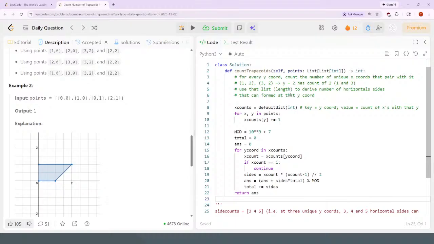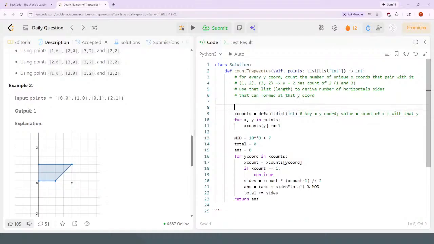It should be pretty darn fast to do a default dictionary, right? Is it faster than sorting it? Alright, I'm going to try sorting it to see if that works.